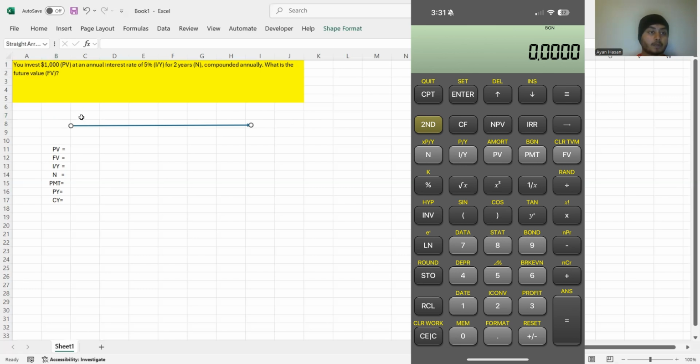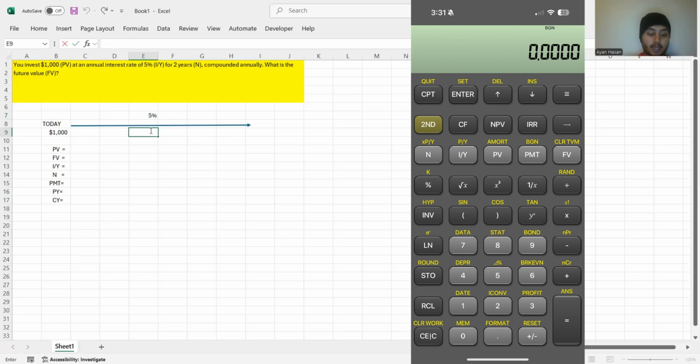So today we paid $1,000 at an interest rate of 5% for 2 years.